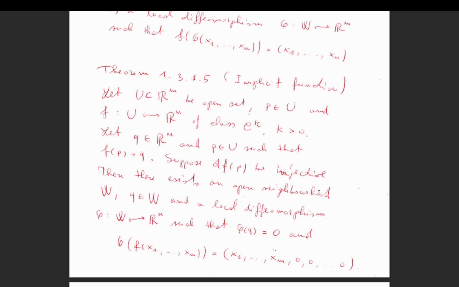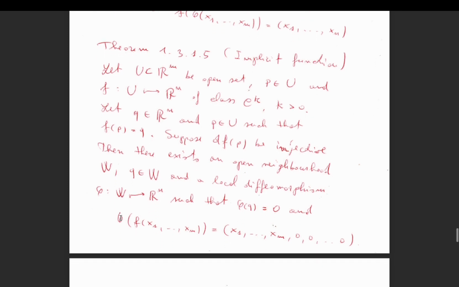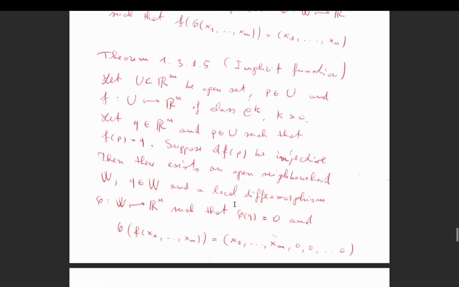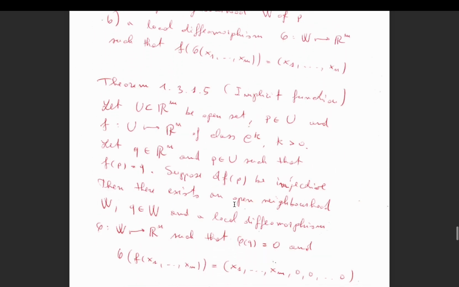Then there's an open neighborhood W of Q and a local diffeomorphism phi such that phi of Q is equal to 0 and phi goes from W into Rn such that phi of f of (x1,...,xm) is equal to (x1,...,xm,0,0,0,0,0). This is the implicit function theorem.